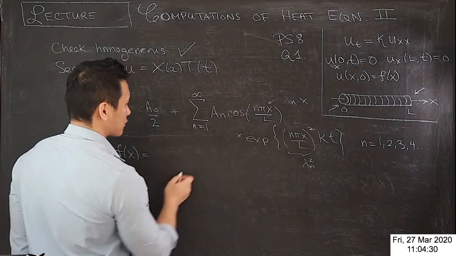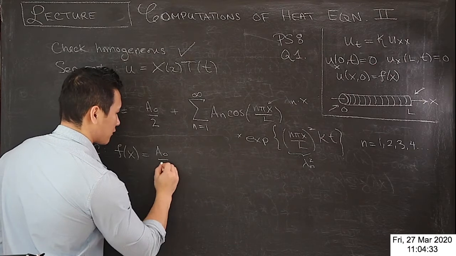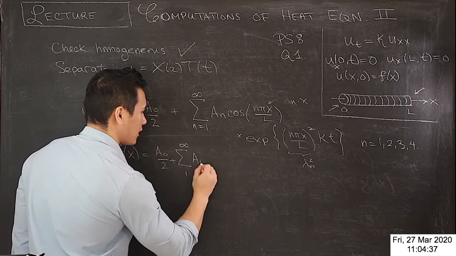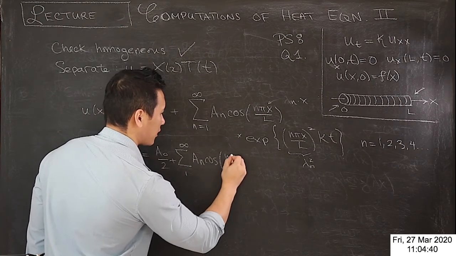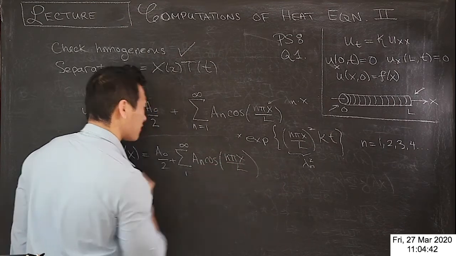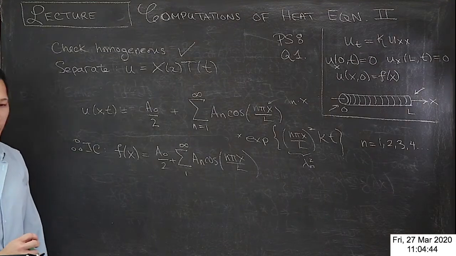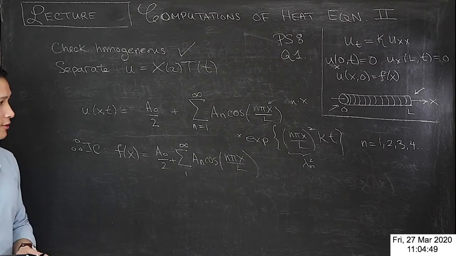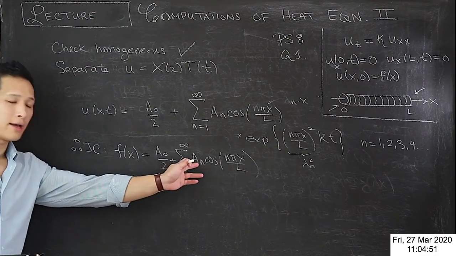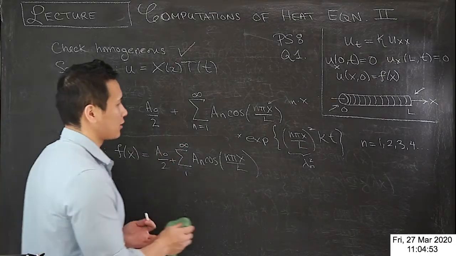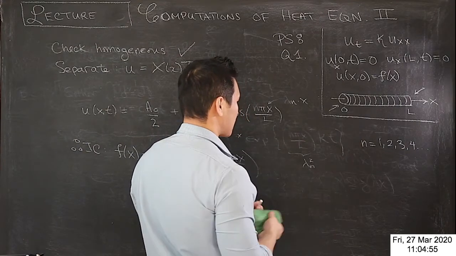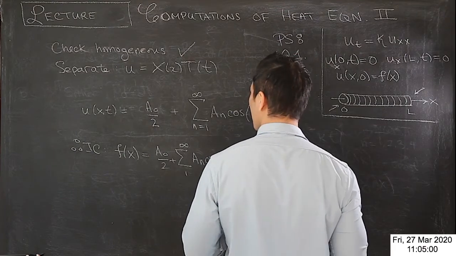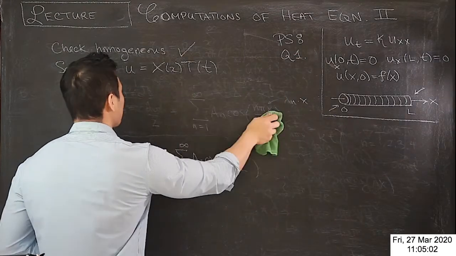So you just set t equal to 0 here, and you're left with the Fourier series, which is now an an times cosine of n pi x over L. So this is exactly the Fourier cosine series. And so how do you find the an coefficients? Well, you have to do the same trick as with the even extension. So let's talk about that trick. I really didn't want to erase this, but it's too late now.